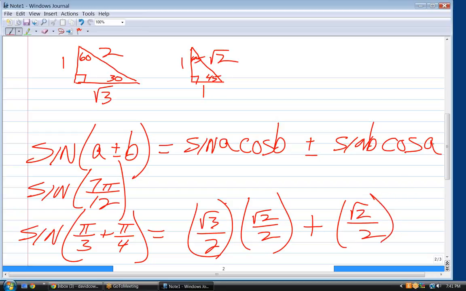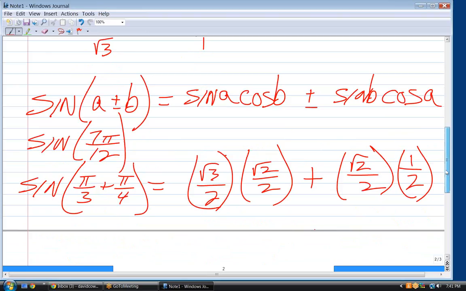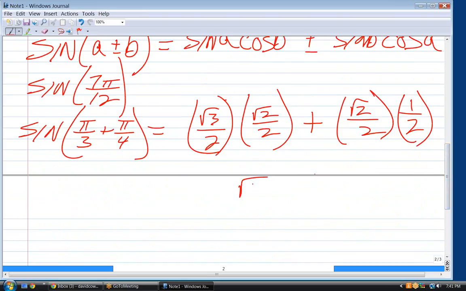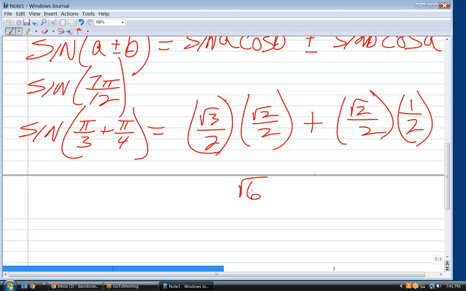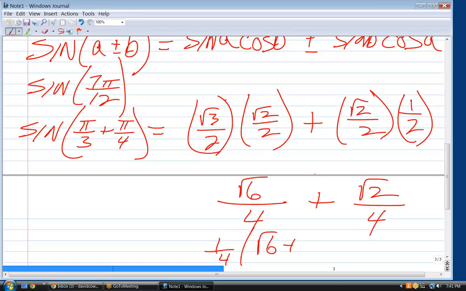And the cosine of 60, however, is 1/2. So in this case, we have root 6. In other words, when I multiply root 3 times root 2, it is root 6. I can multiply the insides, over 4 plus root 2 over 4. So this becomes 1/4 times root 6 plus root 2.